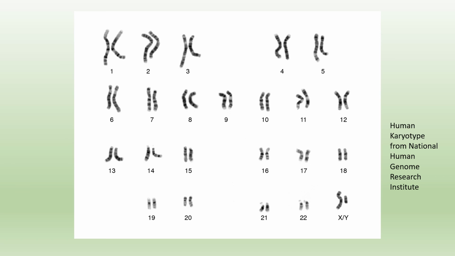Most people have A, AB, B, or O. And the combination of the alleles on chromosome 9 determine your blood type. Since you have 2 copies of each chromosome, you have 2 copies of each gene. With the blood type, if you have one gene that has the allele for type A blood, and your other copy has the allele for type B blood, you're going to have type AB blood.